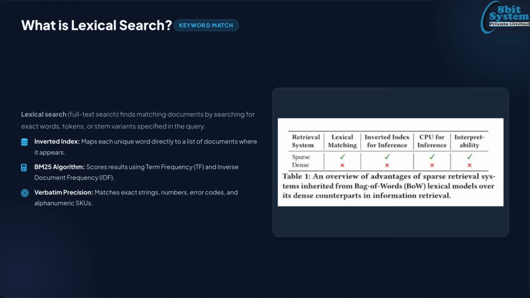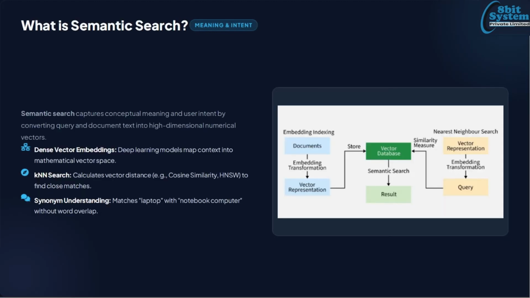Okay, now let's understand semantic search. Semantic search captures conceptual meaning and user intent by converting both the user's query and the document text into high dimensional numerical vectors. In simple words, instead of matching exact words, it tries to understand what the user actually means. The first concept is dense vector embeddings.